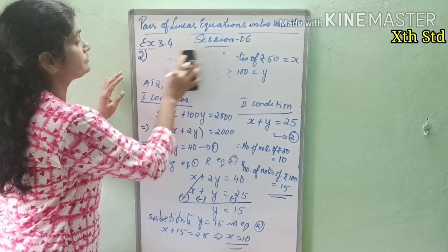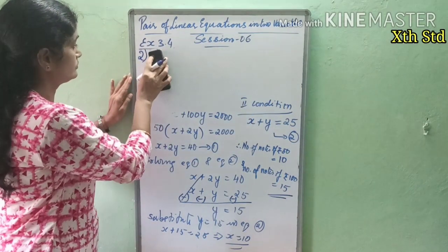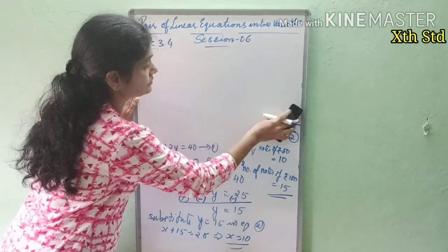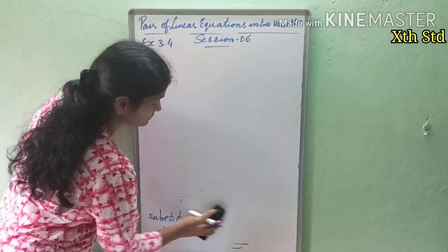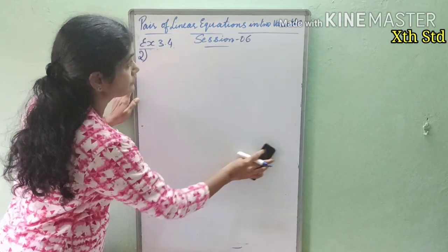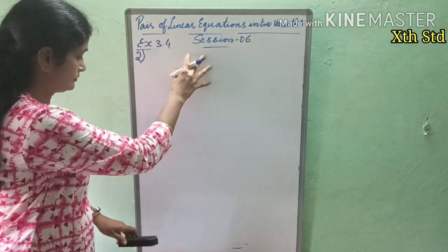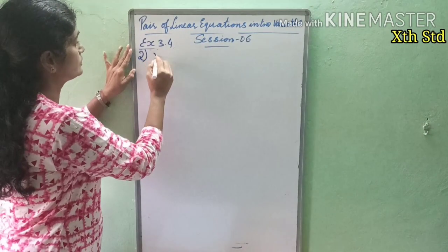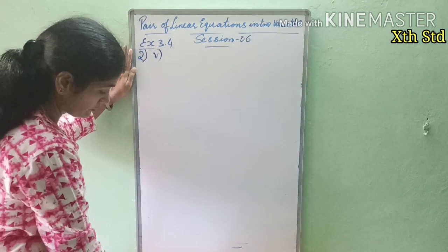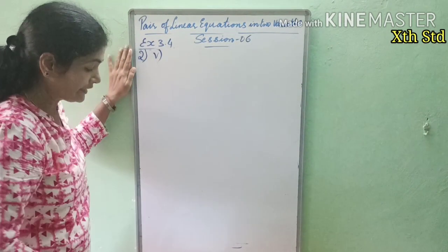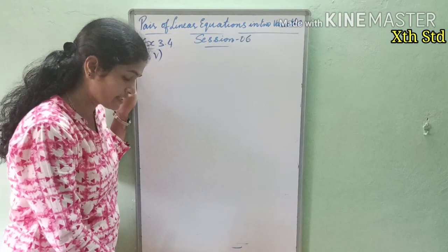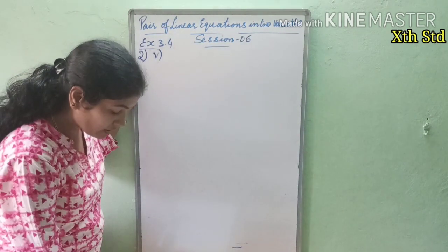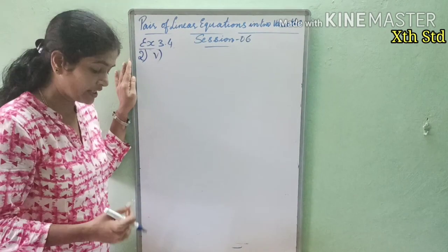Next question. Fifth one. What is fifth one? A lending library has a fixed charge for the first 3 days and an additional charge for each day thereafter.